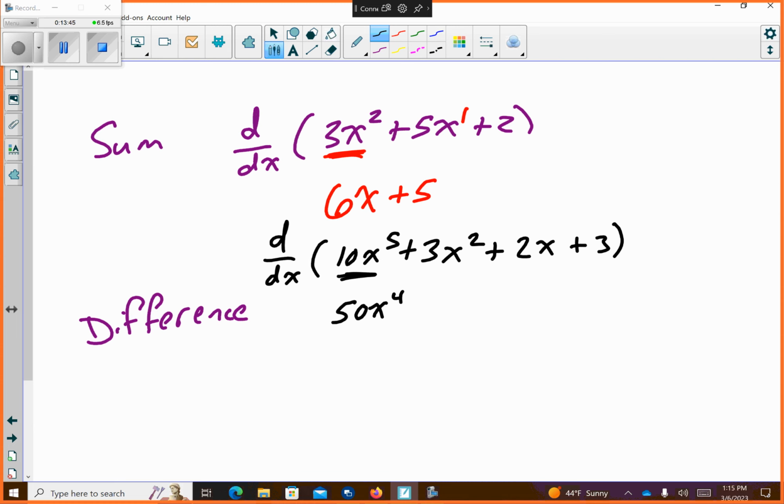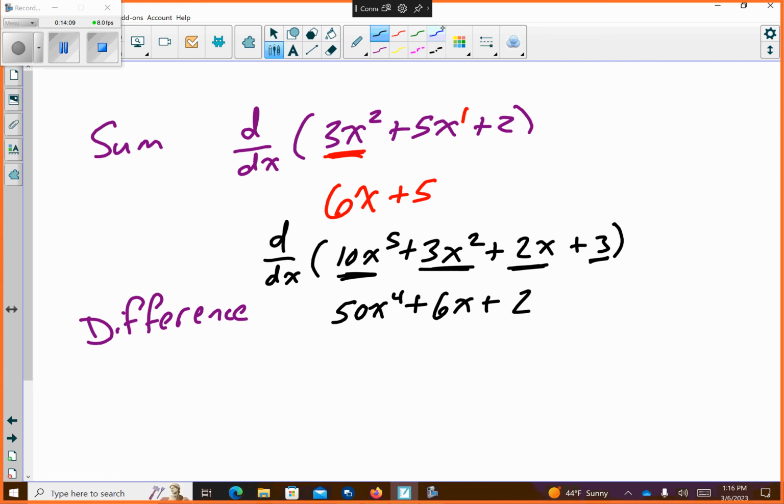What's the derivative, and I have a plus sign, what's the derivative of 3x squared? What's the derivative of 2x? And then the derivative of this would just give me a 0. Friends, you're finding derivatives. Yeehaw. You had no idea it was such cool stuff.